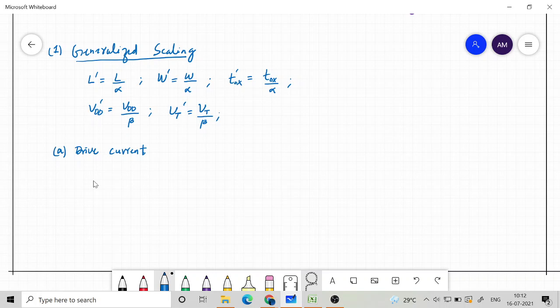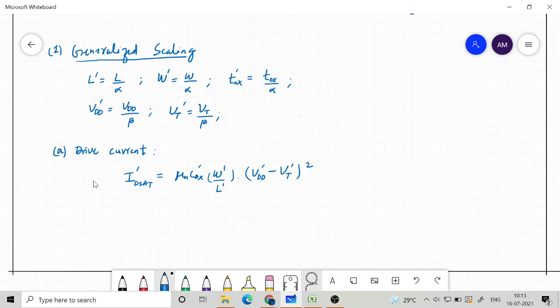When we calculate drive current, we will assume the saturation region of operation. So the new saturation current, ID sat, is equal to mu and Cox dash, and then W dash by L dash, and VGS is basically VDD dash minus VT dash, the whole square.